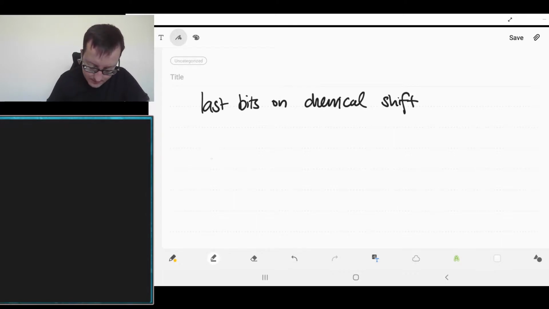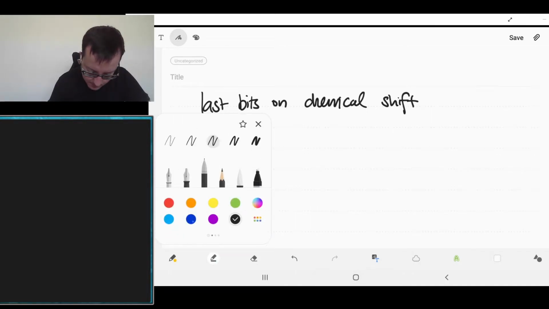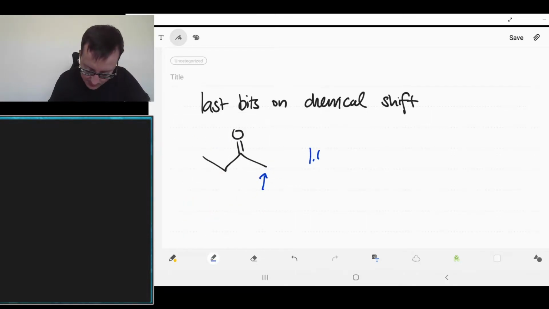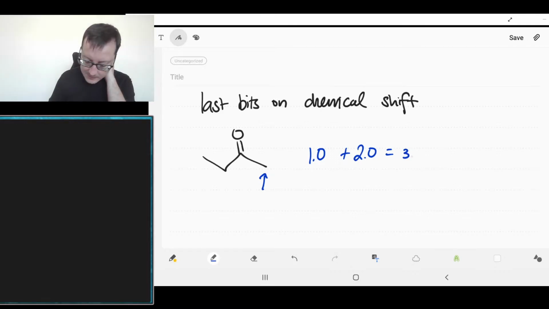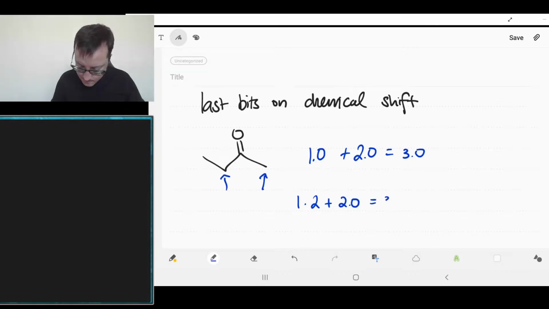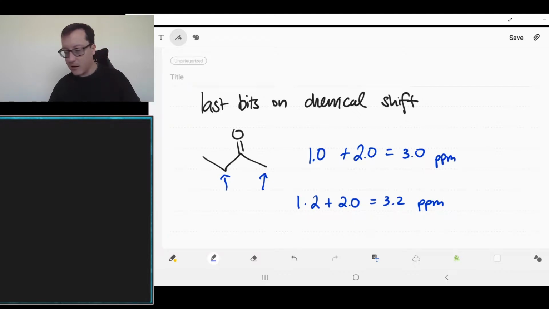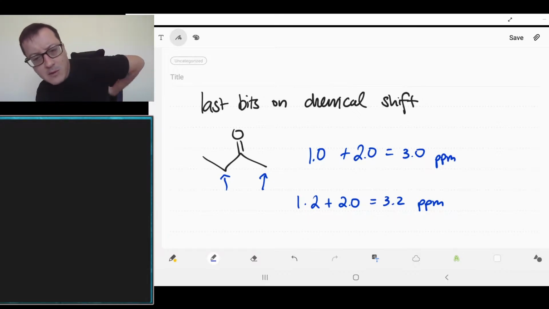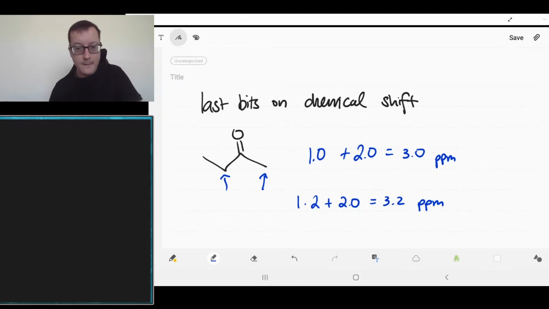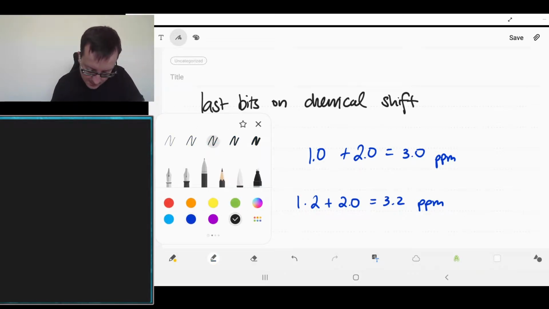So we saw that, for example, these ones, which is CH3, which is 1.0 plus, what is it, carbonyl 2.0. We would expect these to be around 3. We would expect this one to be 1.2. Kind of terrible remembering the numbers, but I think that's what we have, in the 1.7 for methine hydrogens. These guys way over here.